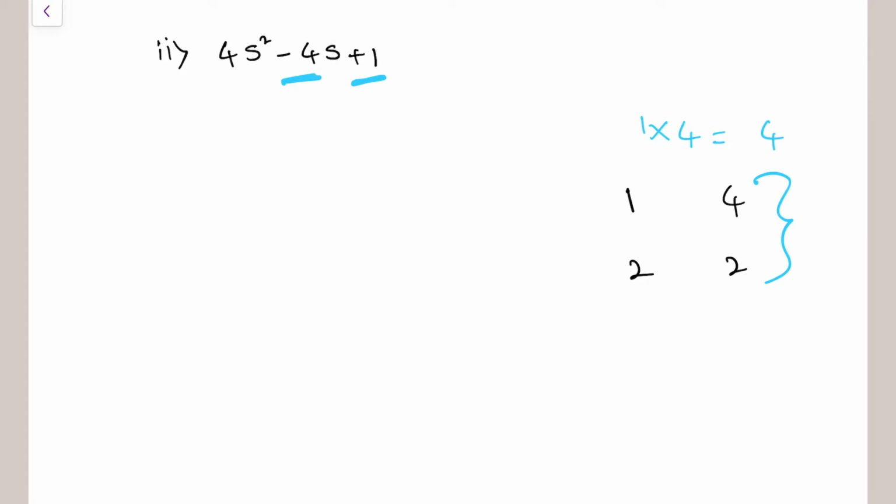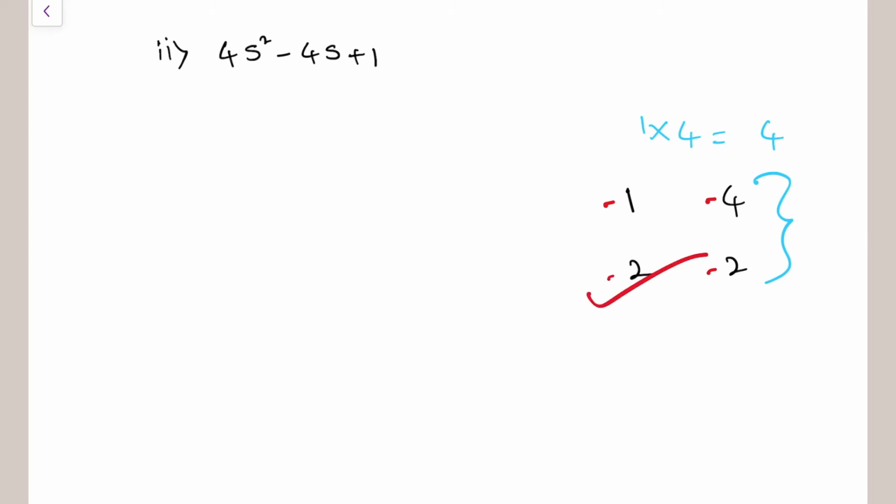So here in every pair both the numbers are negative: -1 -4, -2 -2. So again I will say, if the middle term is negative and the last term is positive, in the pair both the numbers are negative. So -1 -4 is -5 and -2 -2 is -4. So the middle term is -4, right? So the second pair is the correct pair.